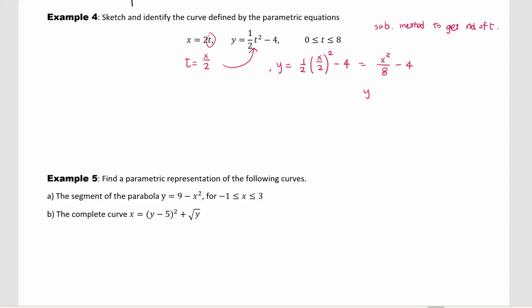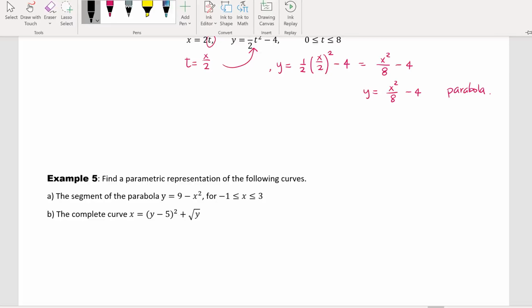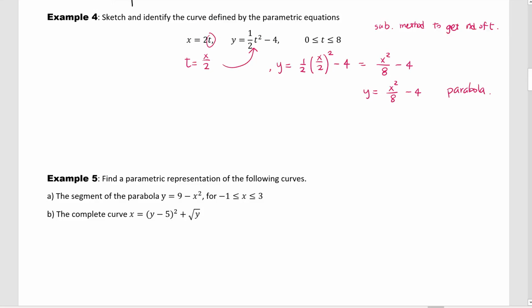So our equation is y equals x squared over 8 minus 4. This is a parabola. How do we graph it? Well, the leading coefficient is 1 over 8, that's positive, so we have a parabola that opens up.